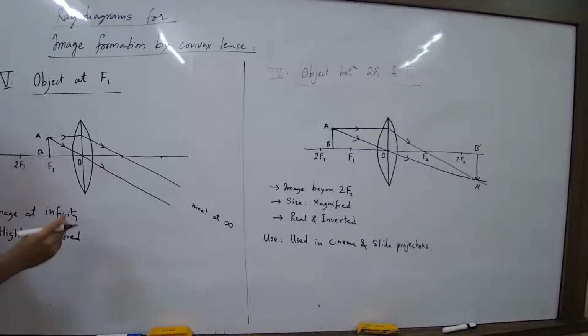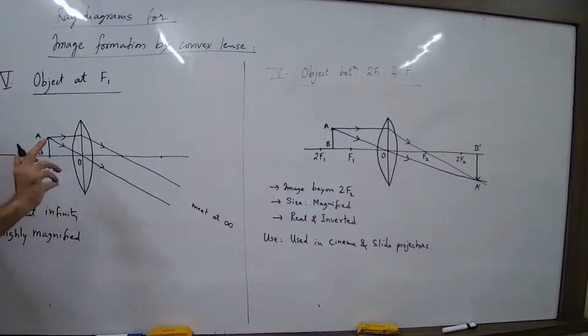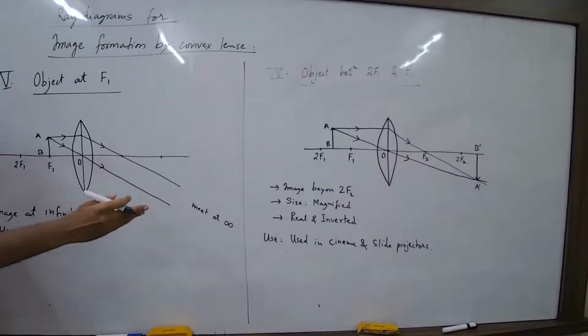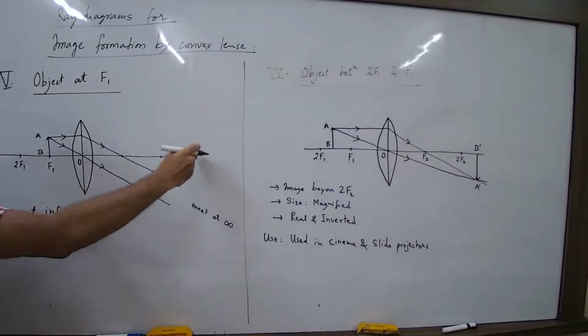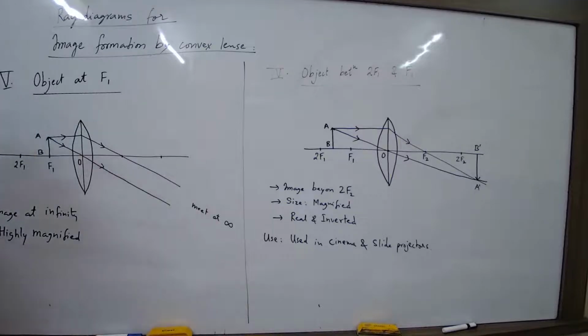So it's reverse. When the rays were parallel, it was highly diminished. Now where was the image formed? At focus. But now when the object is at focus, the image is at infinity. So there is a pattern. When object is at focus, image at infinity, so it will be highly magnified, no? With respect to this line. You don't know where it is meeting, but we are assuming it is meeting.